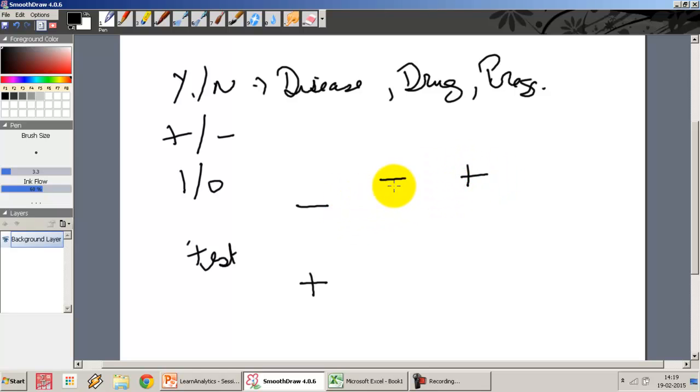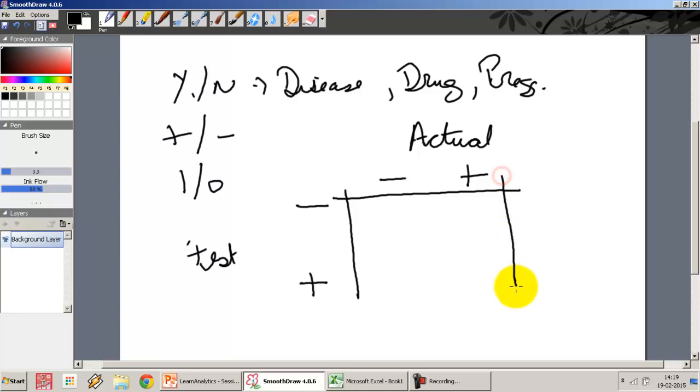So we have a positive or negative, which is the actual state. When we have such a contingency matrix, we can divide it into four quadrants depending on which one we lie in.